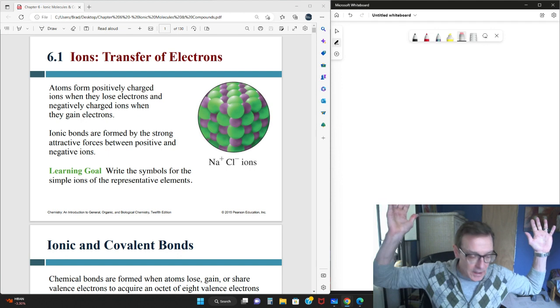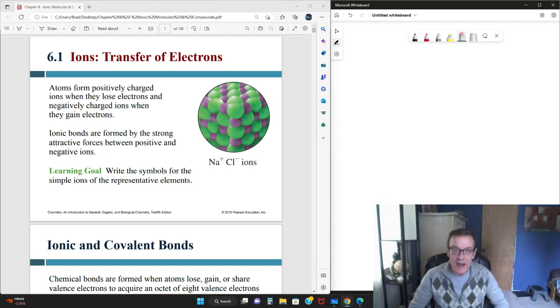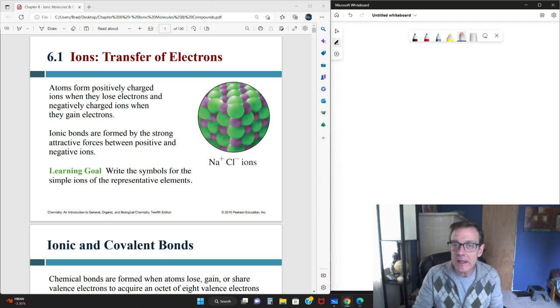Okay, so ions essentially. We had touched on these when we were talking about elements last week, but when things are neutral, you have an equal number of protons and electrons. Now we're going to get into the situation where things get a little more interesting, where you have differing positive and negative charges, or ions.